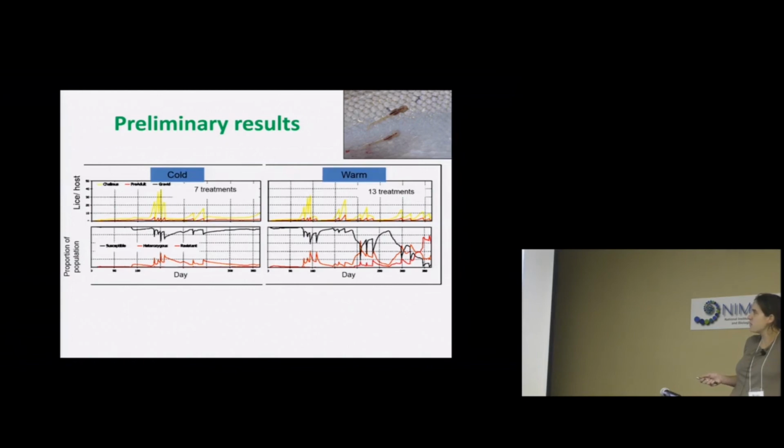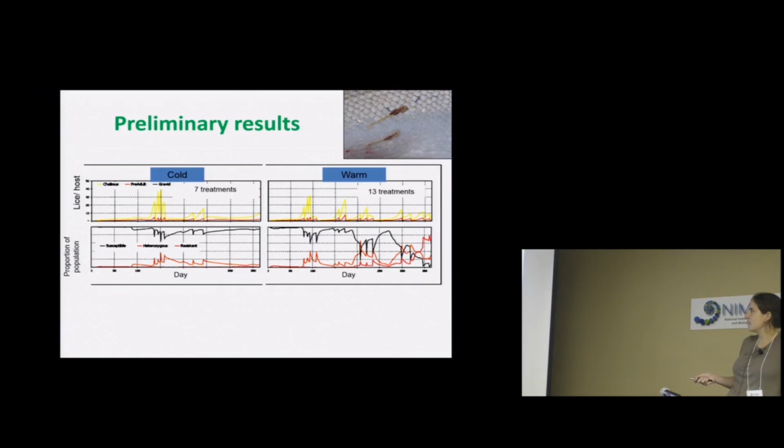We have peaks and then they drop, and that's where treatments are applied. So in our cold year, we had 7 treatments applied, and in our warm year, we had 13 treatments applied. And this is just based on the lice reaching a certain level, and that tells the model to apply a treatment.